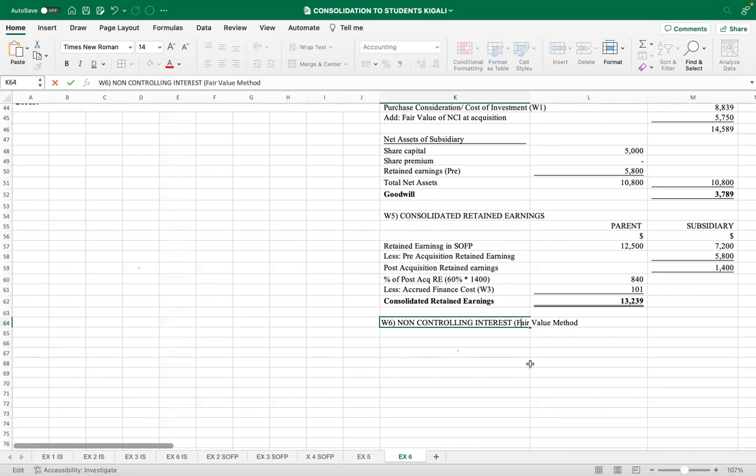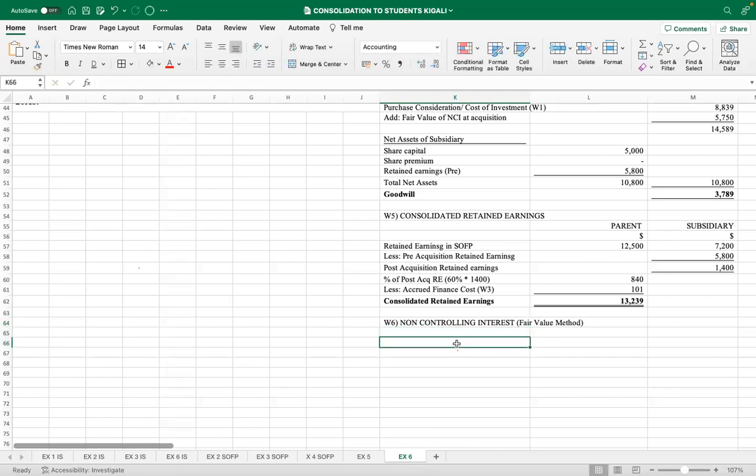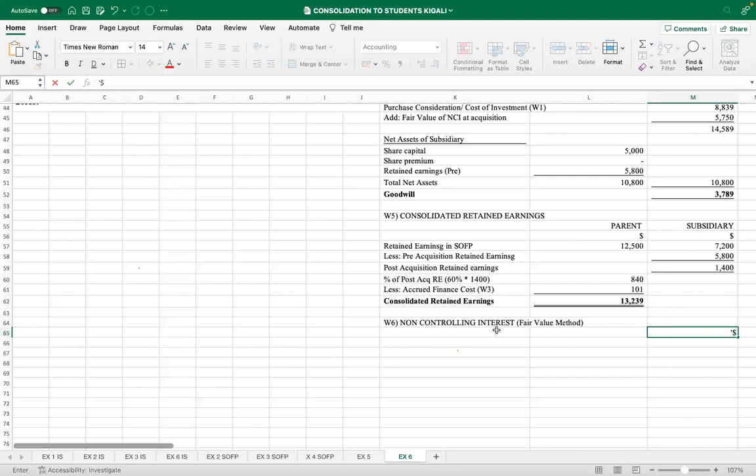Why will we use the fair value method? Because fair value method is used when the examiner gives you the fair value. How do we calculate it? The fair value method is equal to fair value of NCI at acquisition.